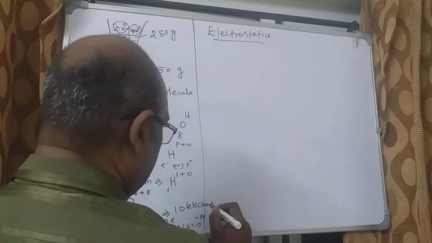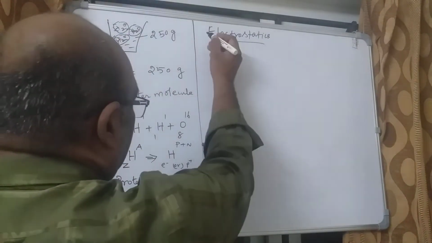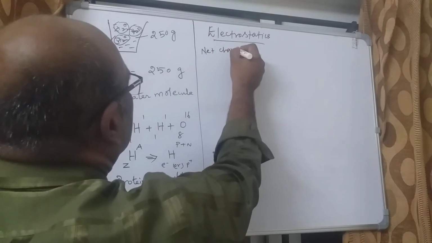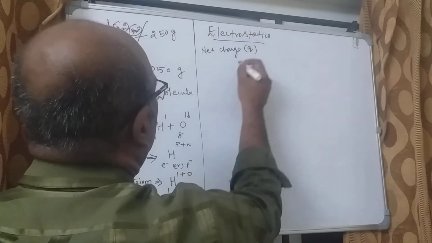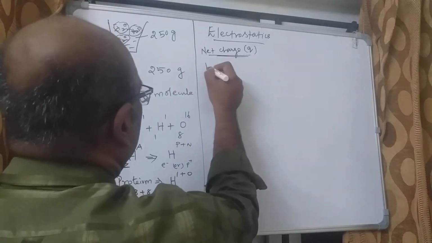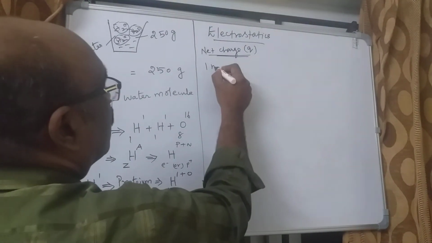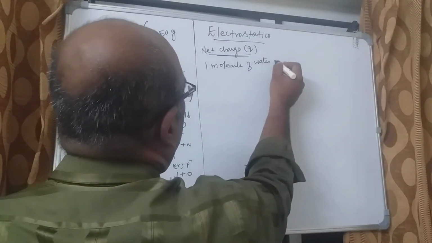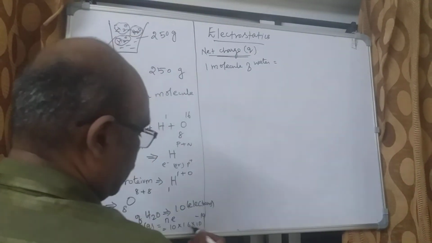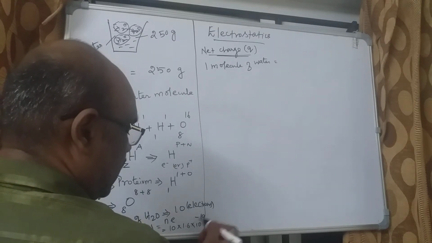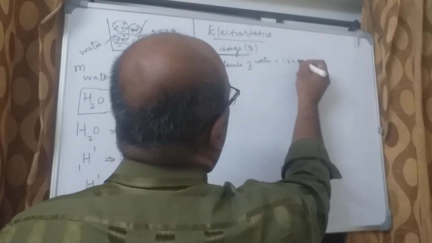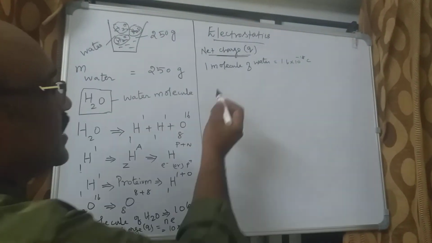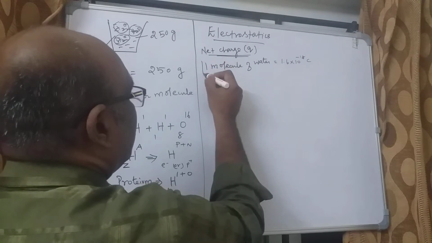So, the net charge Q present in one molecule of water is 1.6 into 10 to the power minus 18 coulomb.